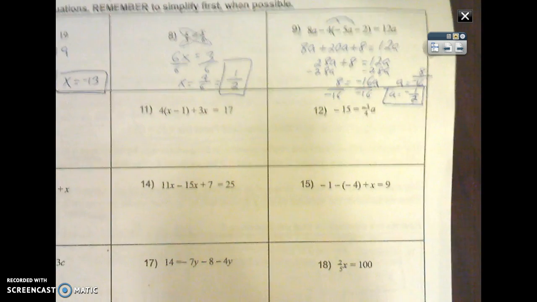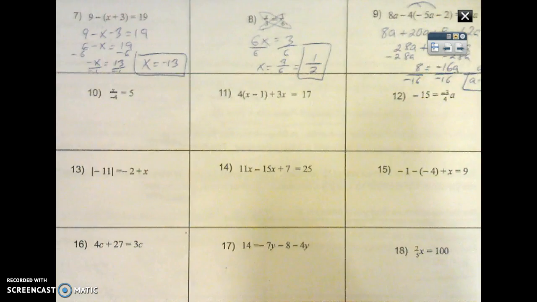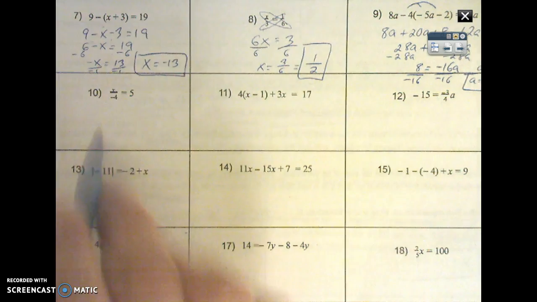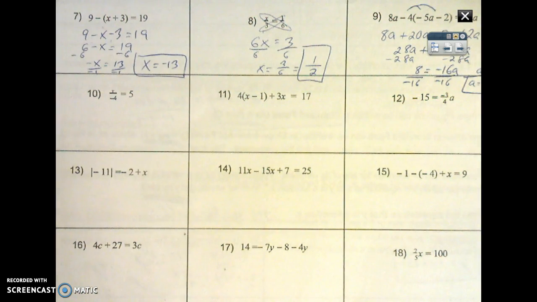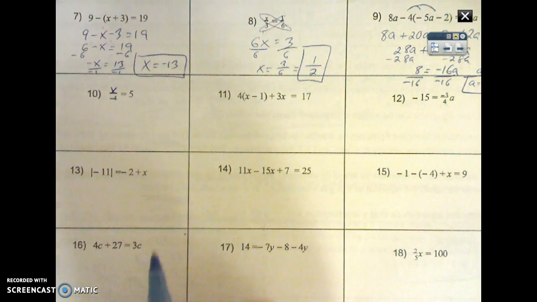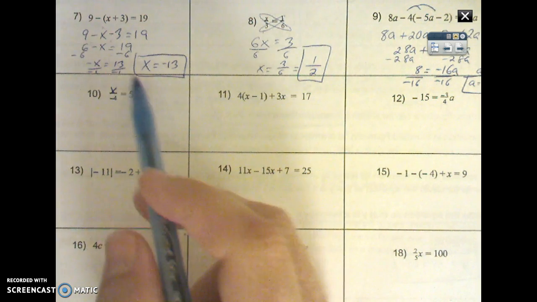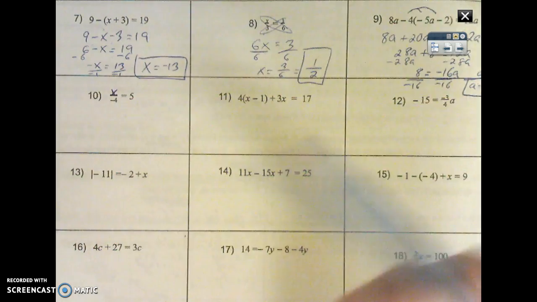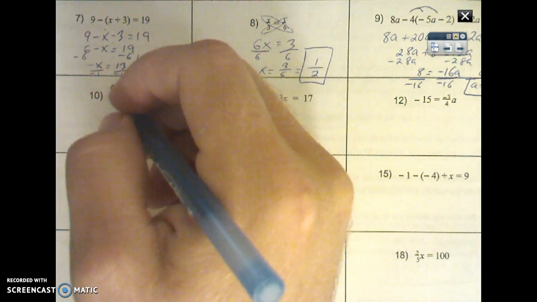Okay. Awesome. So let me do one more for you guys here, and then I'll let you try a few out on your own. Okay. Number 10. X over negative 4 equals 5. I know it's really hard to see. If you ever can't read one of these things, just let me know. I'll gladly make it clearer for you. So it's x divided by negative 4. What's the opposite of division? Well, the opposite of division is to multiply.